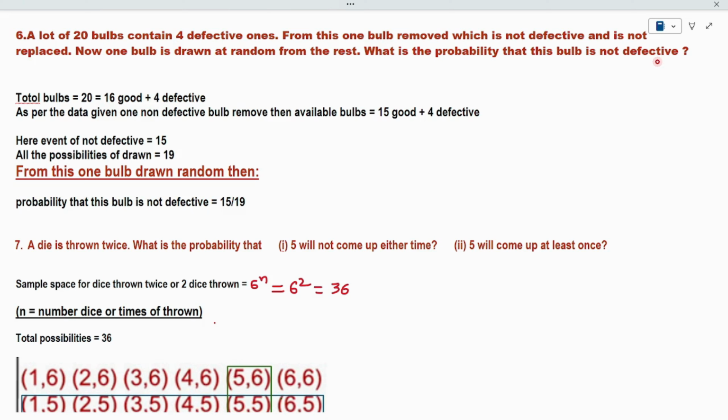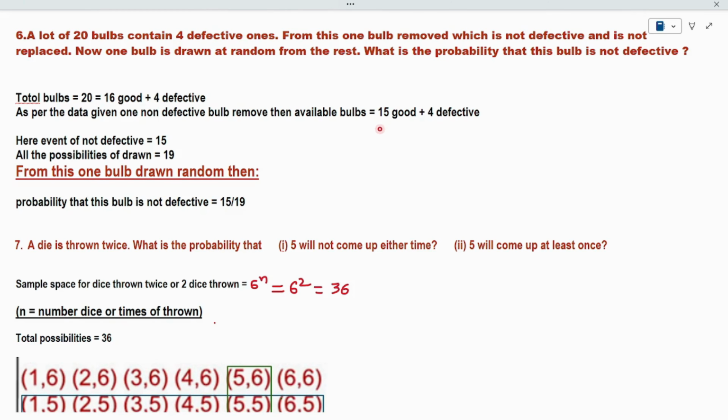So, total 20 bulbs. As per the data given in the problem, one non-defective bulb is removed, then the available bulbs are 15 good bulbs plus 4 defective ones. See, one good bulb is removed, then I have remaining 15 good bulbs and 4 defective ones. What is the probability that this bulb is not defective? Not defective means the good bulb.